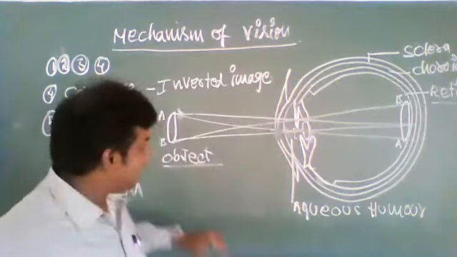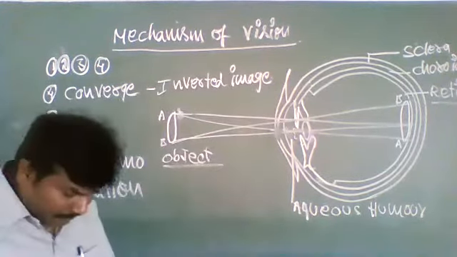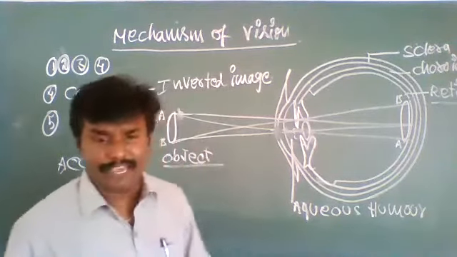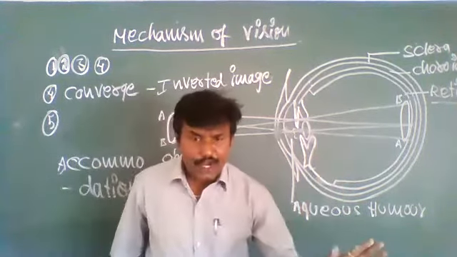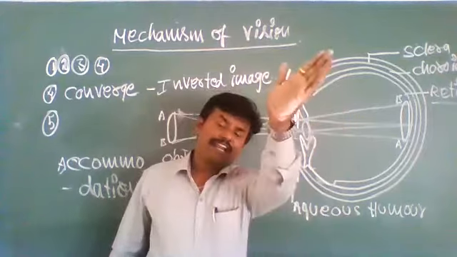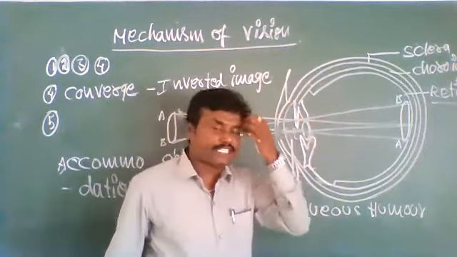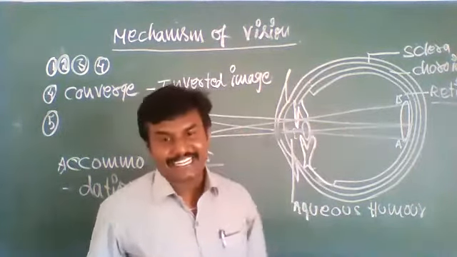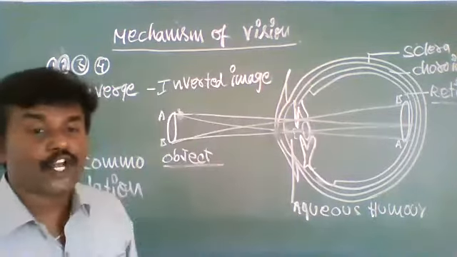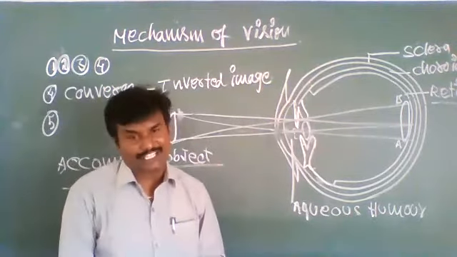Okay, once again. The ability of the lens by which the light rays from near objects and from far away objects are focused on the retina, that phenomenon is called accommodation.